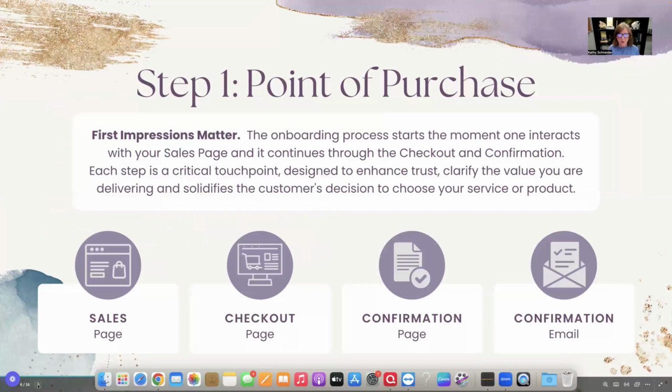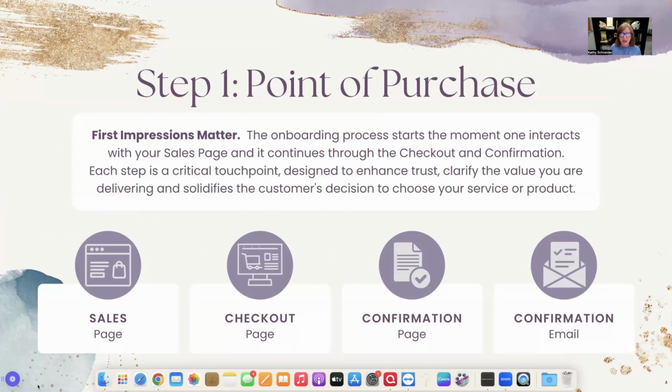All right, step one, point of purchase. Guys, first impressions matter. The onboarding process starts the moment that what is soon to be a customer or a client, so we're just going to call them a one, interacts. They've not made that purchase yet, but they're at that point of purchase, all right?